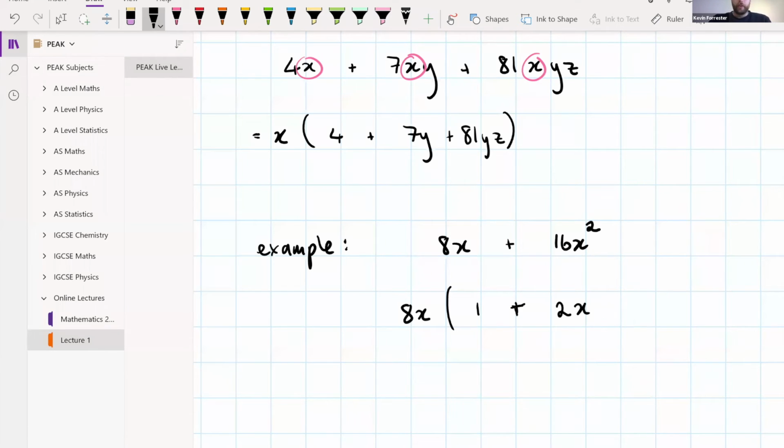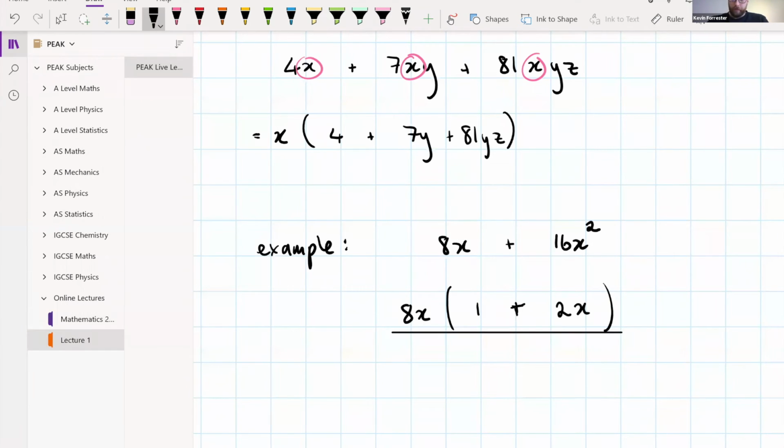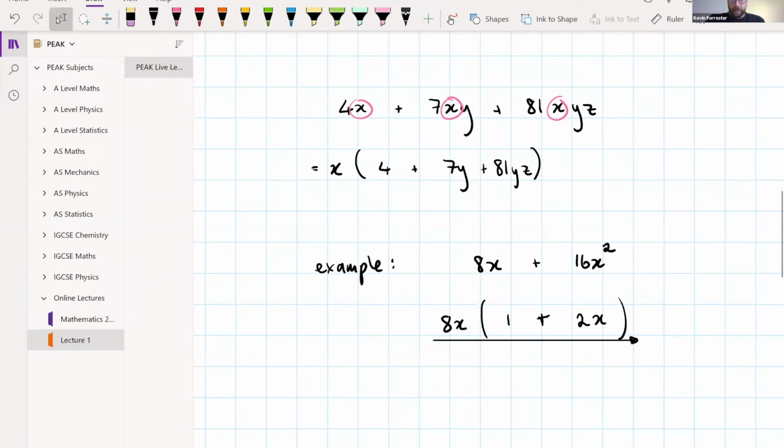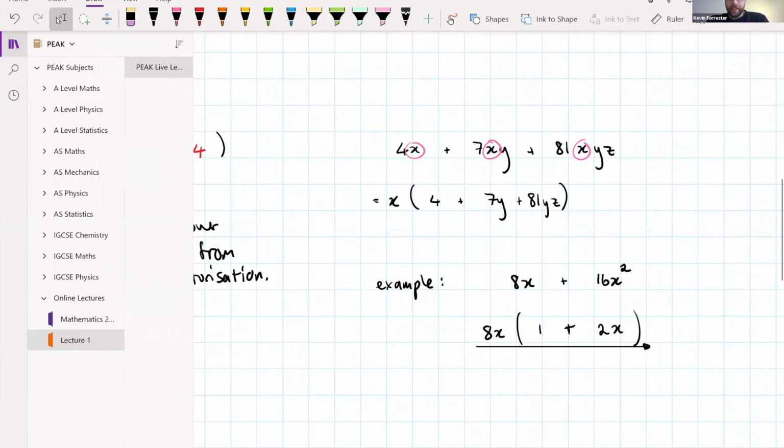And so I'm left with 2x as my second term in my bracket. And there we have it fully factorized. There we go. So there's some more complex factorization.